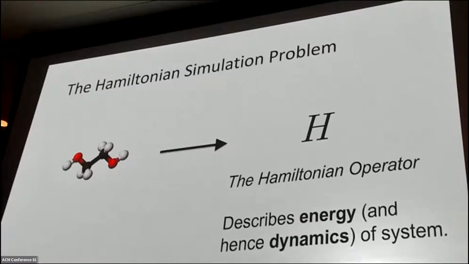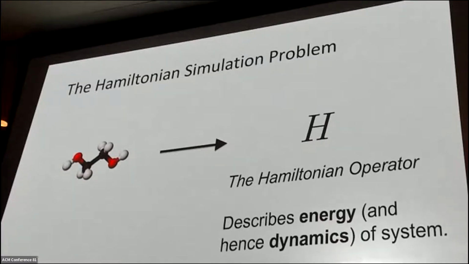And so we want to develop compiler techniques which in particular target these important applications. And we're looking at a very specific example of a simulation problem, the Hamiltonian simulation problem. In particular, we have some system that we want to learn about, and from our understanding of the properties of that system, we're able to write down a Hamiltonian.